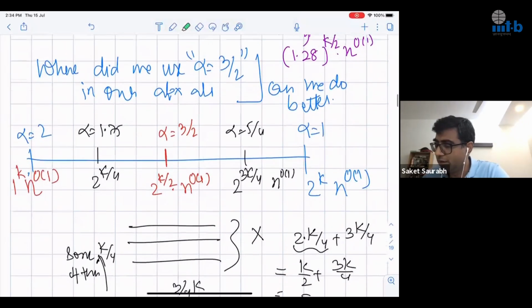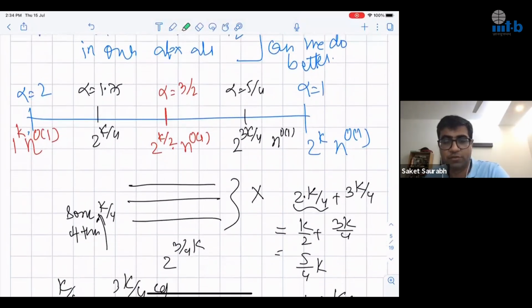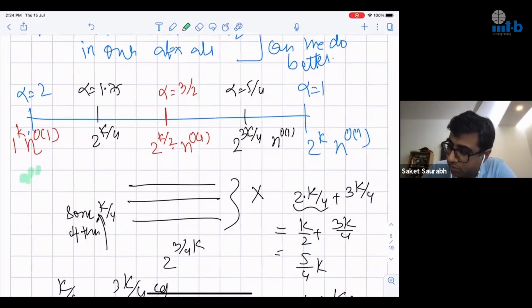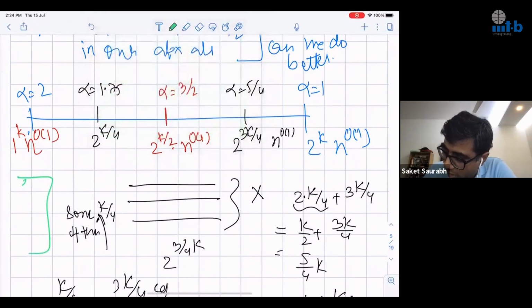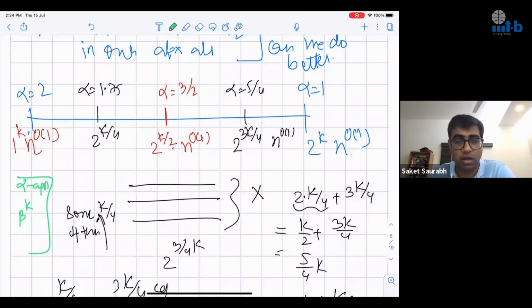You can actually work out a formula: given an alpha, what would be the running time? For example, if I was looking for a factor alpha approximation, and beta to the power k is the best known algorithm for vertex cover, what would be the best beta, some alpha prime to the power k?